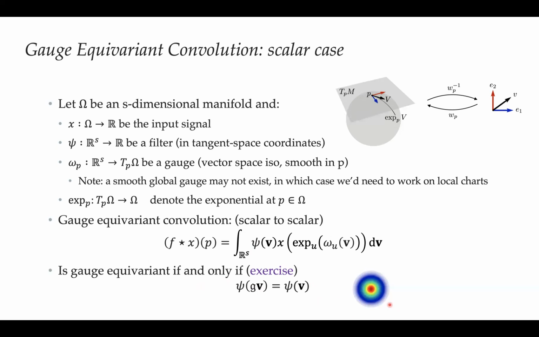So we recover here the isotropic convolution approach that we saw before. It turns out this is the most general kind of convolution if your input signal and output signal are both supposed to be scalar fields.